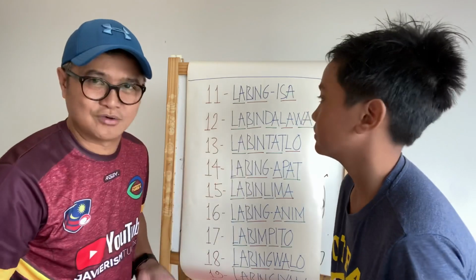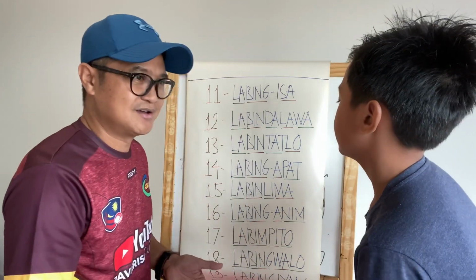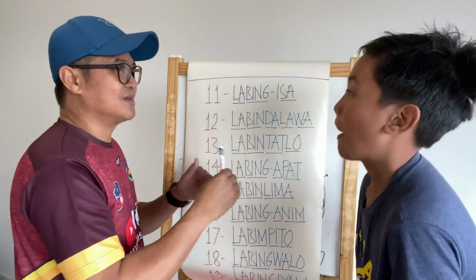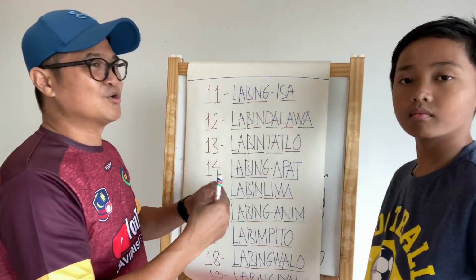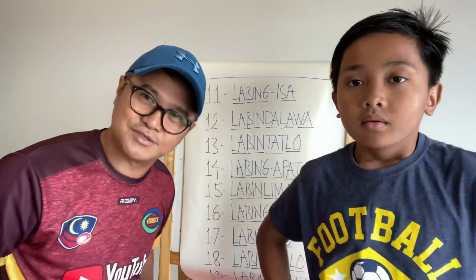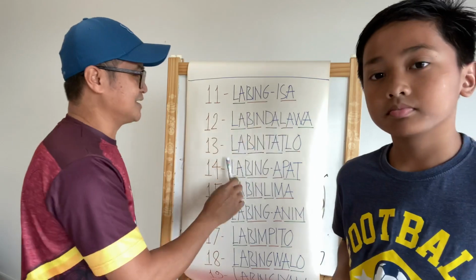Labi in Tagalog means more, or exceeds, so labing means more than 10. That is a simple explanation. So labing isa is 11.